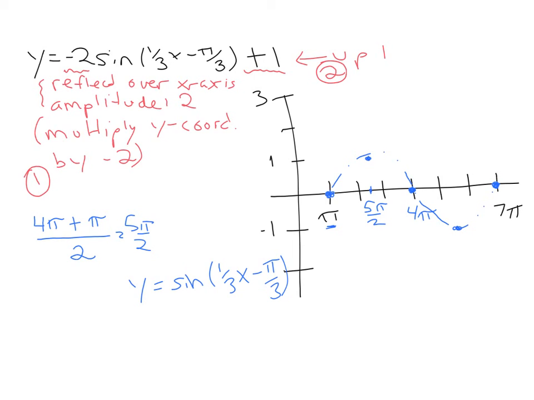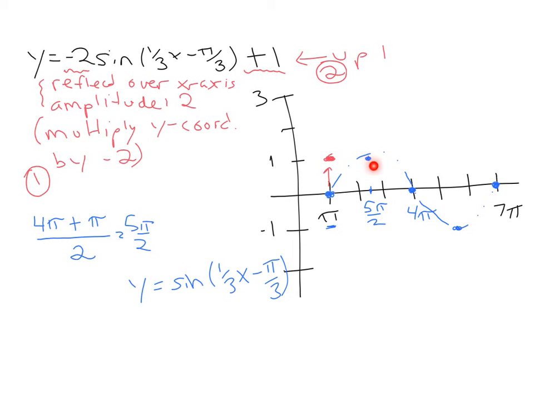Let me go point by point. First this point. The y value right here is 0. So times -2, it's still 0. And then shift it up 1 unit. So that point is going to land right here. Here, the y value is 1.